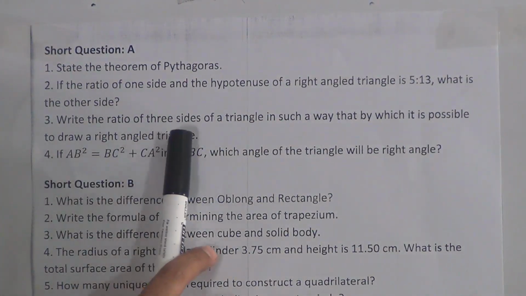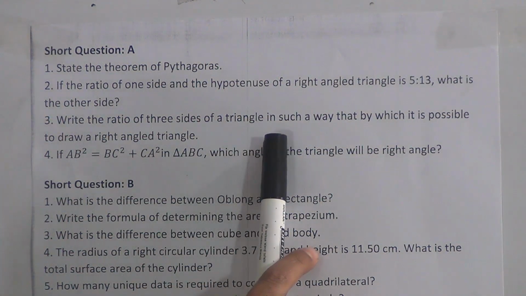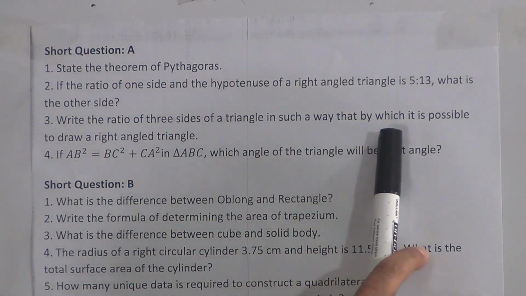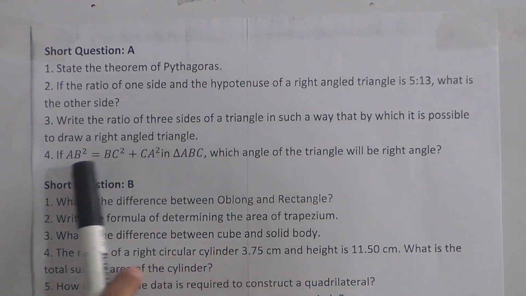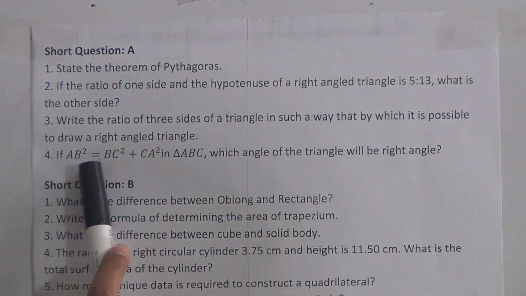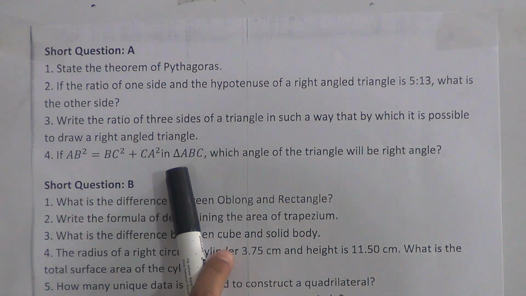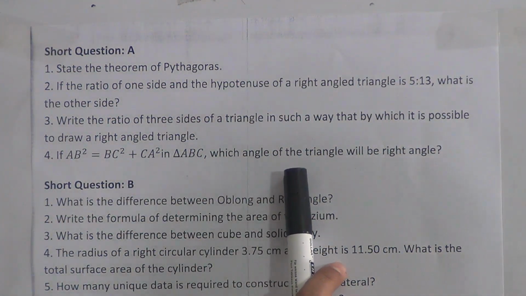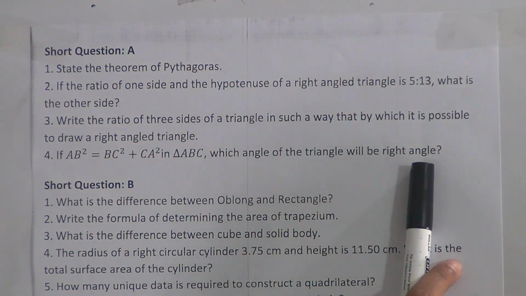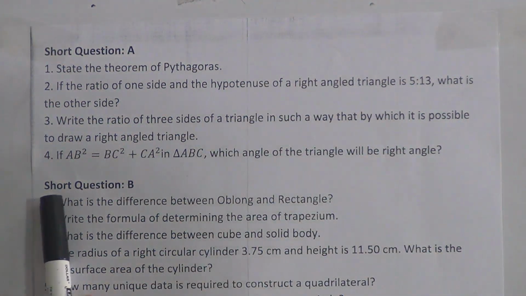Write the ratio of 3 sides of a triangle in such a way that it is possible to draw a right angle triangle. Question 4. If AB square equal to BC square plus AC square in triangle ABC, which angle of the triangle will be right angle?